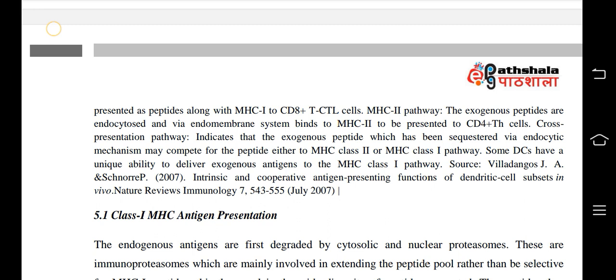The complex formed after loading of the peptide, along with tapasin, MHC1, ERp57 and calreticulin, is called the peptide loading complex, PLC. The MHC class 1 complex is finally released from the chaperones and is transported to the plasma membrane.